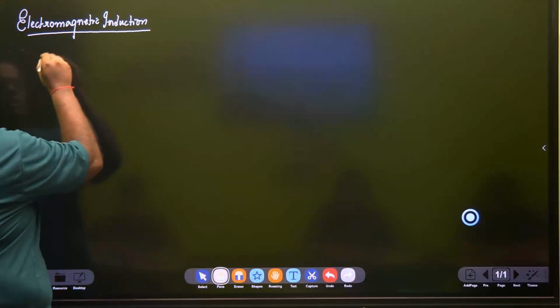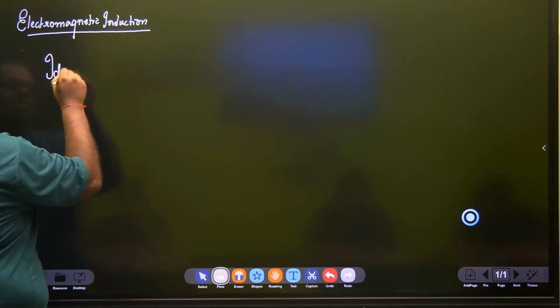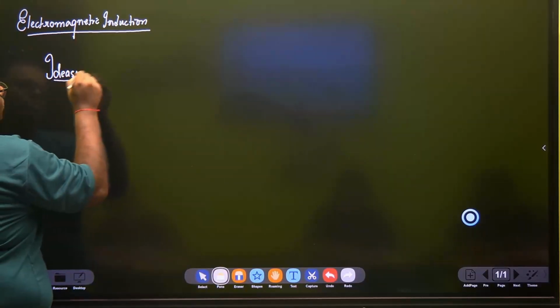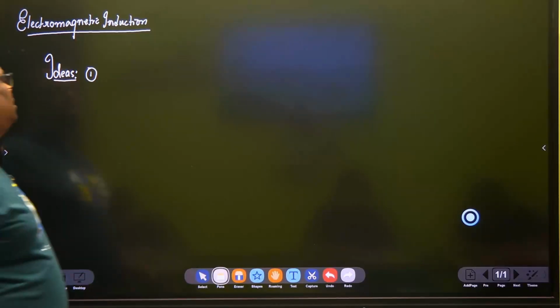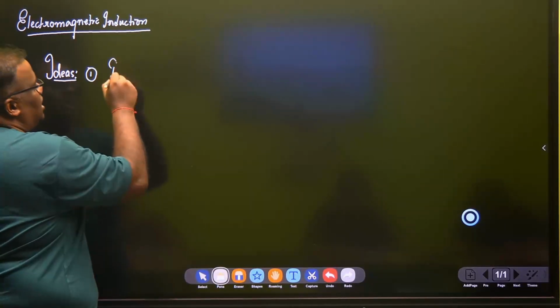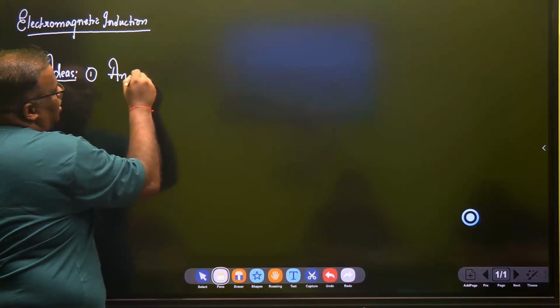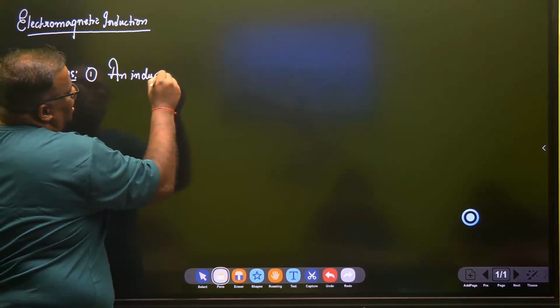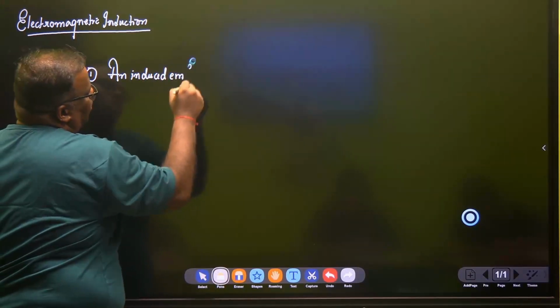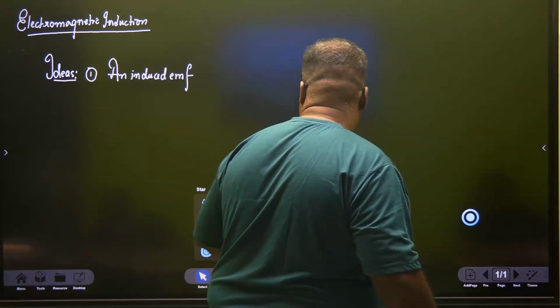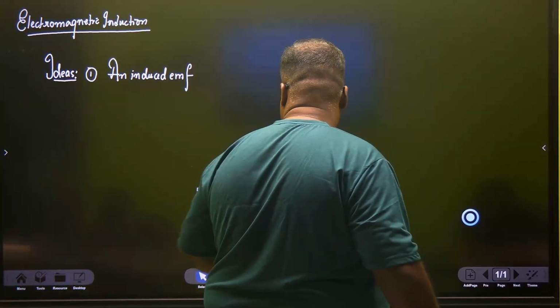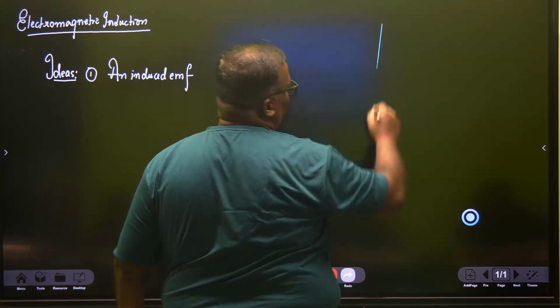Main ideas of this chapter. The main idea of this chapter, number one, you can write down, is an induced EMF. Now, when I talk about induced EMF, let me just give a brief understanding here, because this is what we will be using throughout.